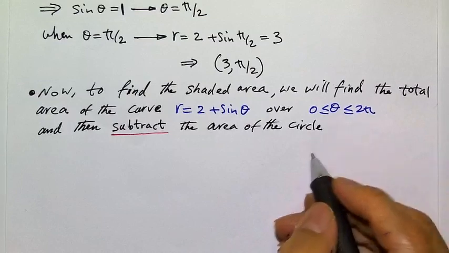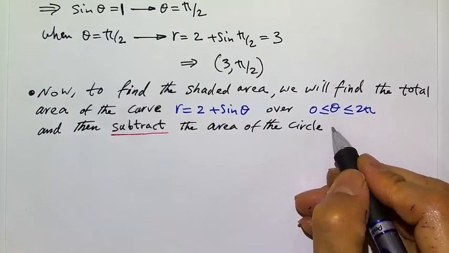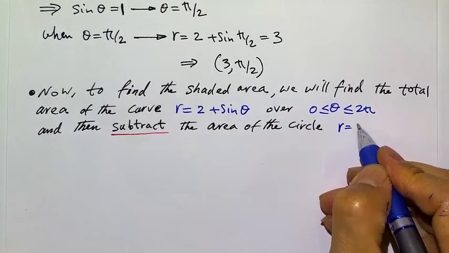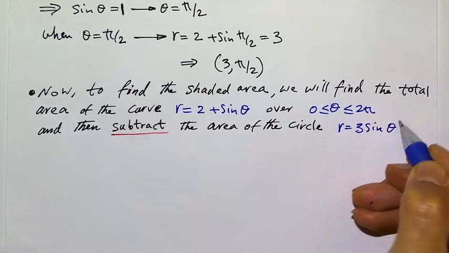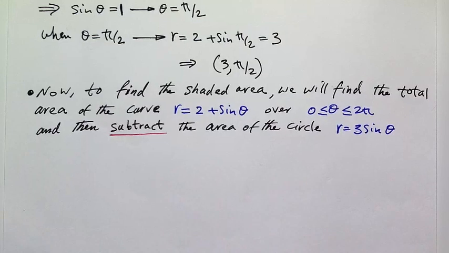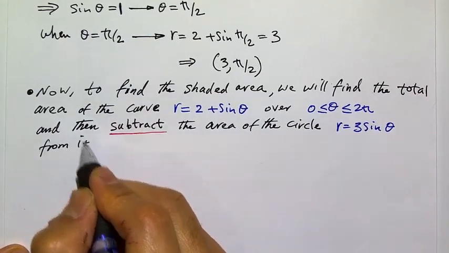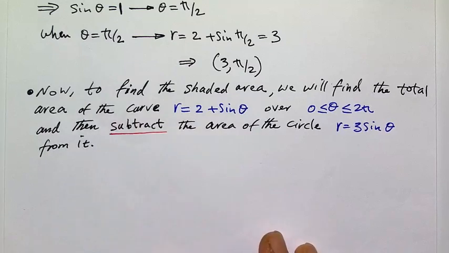Okay, so that is of the circle, R equals 3 sine theta from it. So, okay, that's what we'll have to do.